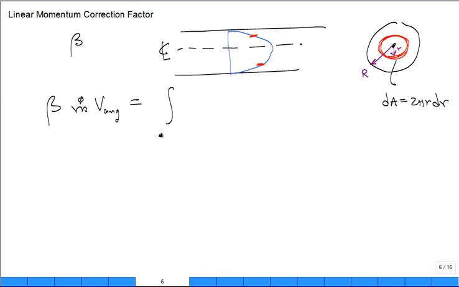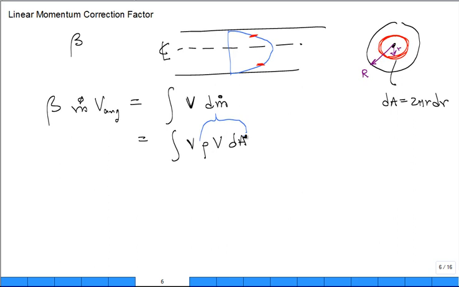So we'll sum all of the V's of the little chunk of fluid traveling at that speed, dm dot, and that will give us the linear momentum flow rate. So this is the speed of each ring times rho V of that ring dA of that ring, where this was dm dot.